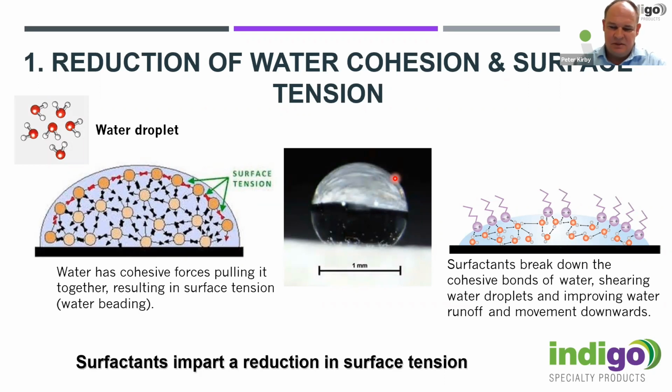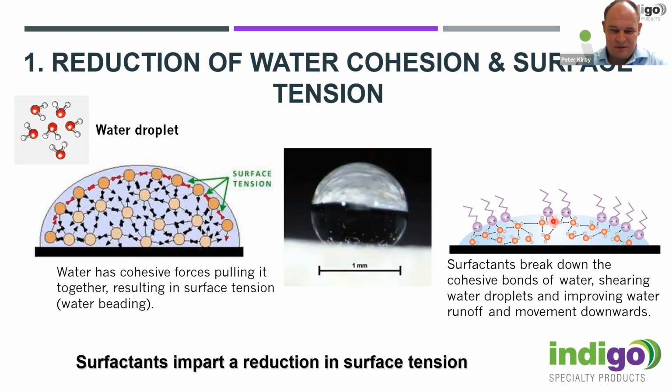So what surfactants are really good at is breaking down those cohesive forces. As you can see on the right-hand side, once we apply a soil surfactant to a water droplet, the hydrophilic ends, or the water-loving ends, go straight into the water and bond with those hydrogen ions, and basically remove the attraction, those cohesive forces pulling the water in.